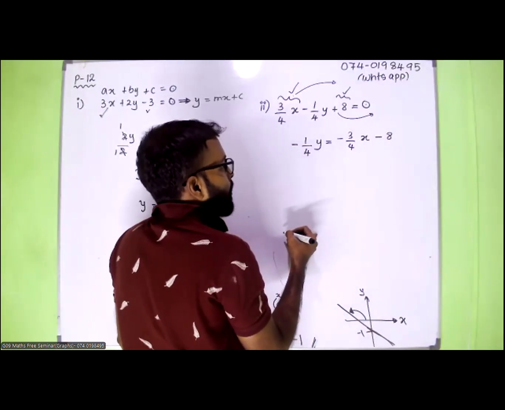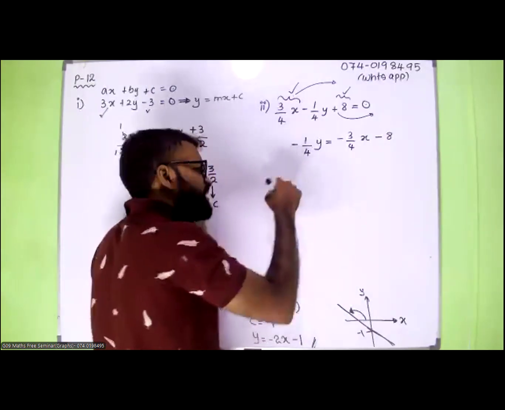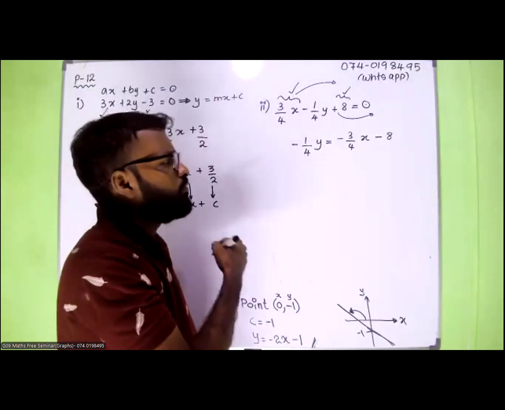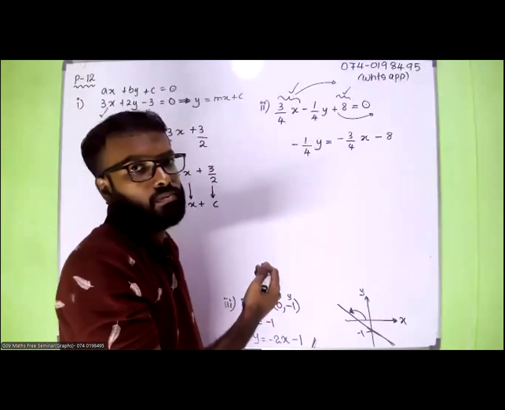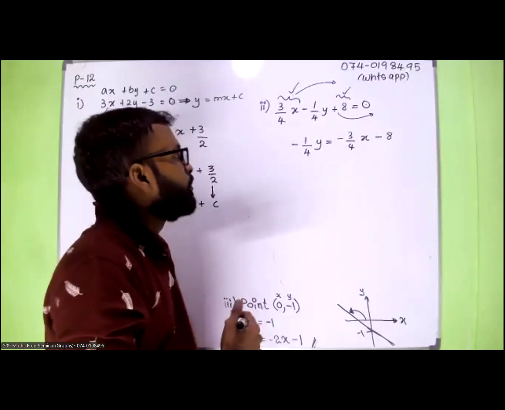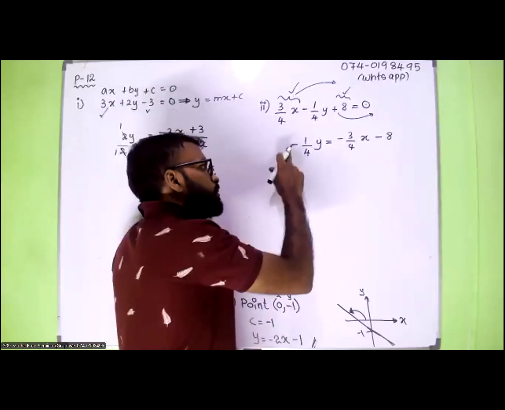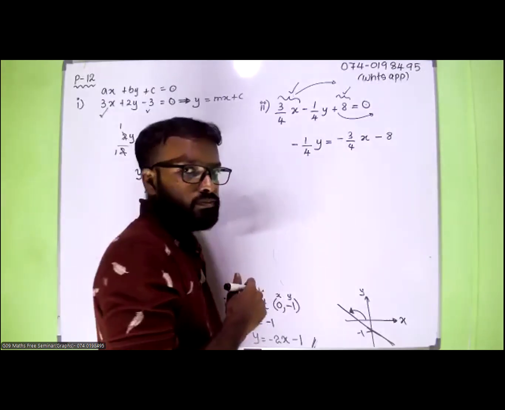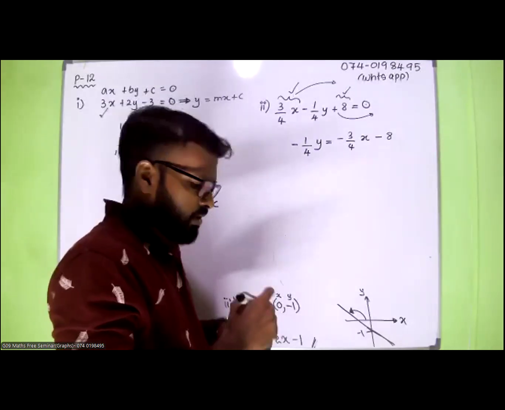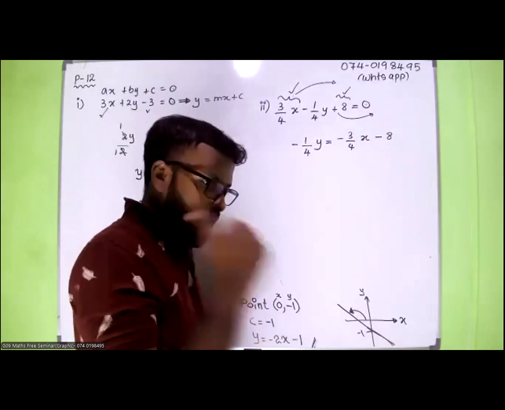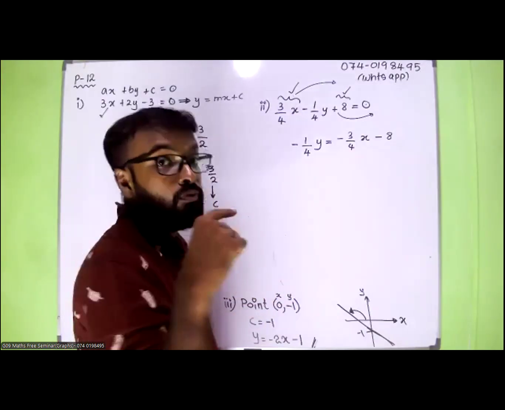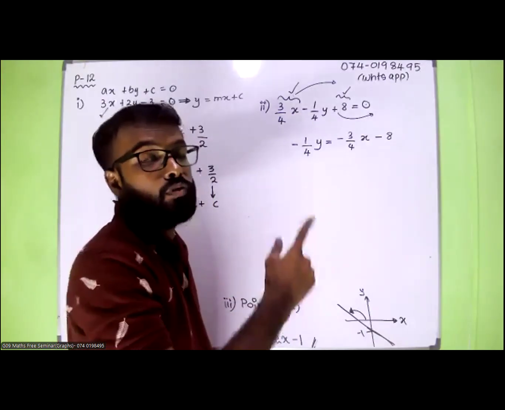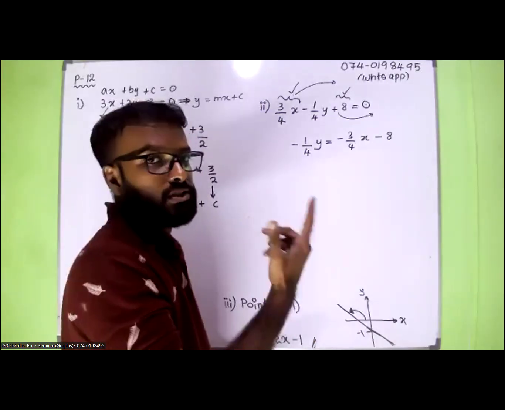Right now, this is still not in the form of y equals mx plus c. Here you have minus 1 upon 4. I want to remove the minus sign, and I want to remove the 4. How do we do both at once?